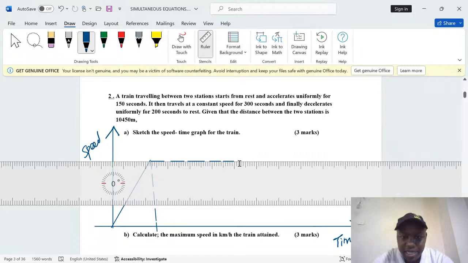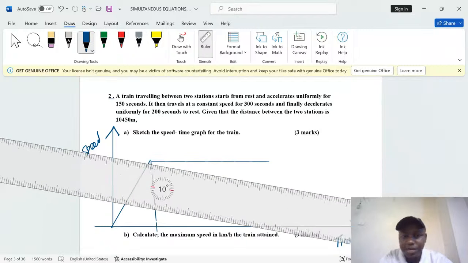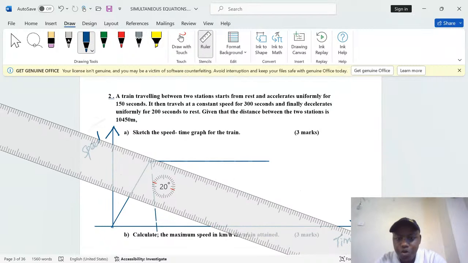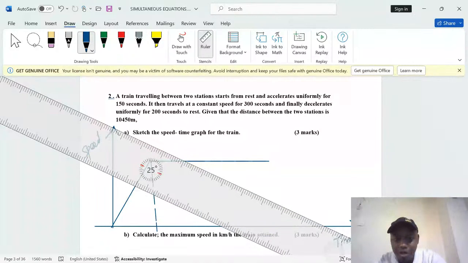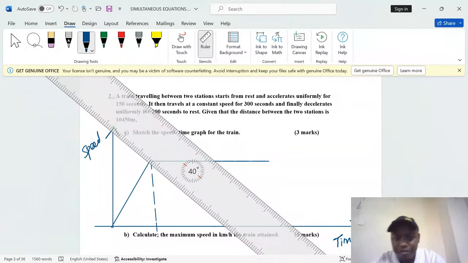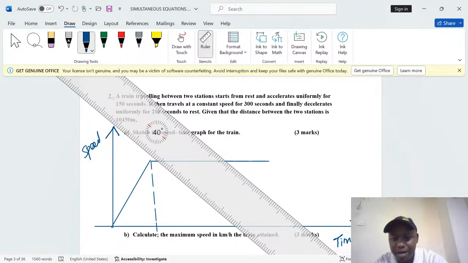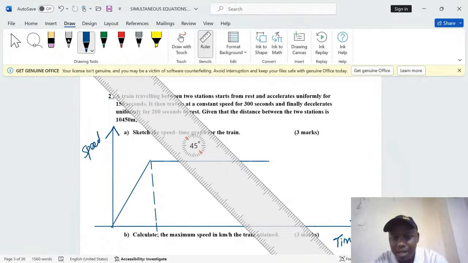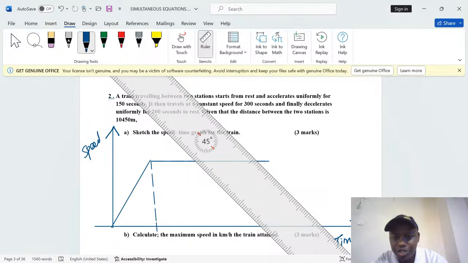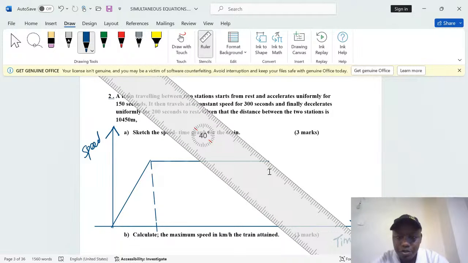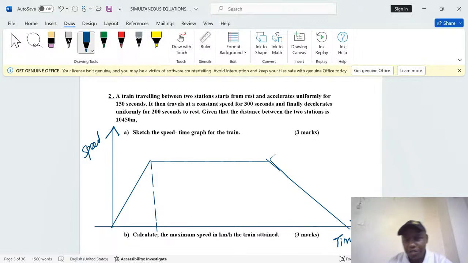After 300 seconds, the body is going to decelerate uniformly to 0 within 200. Therefore, now we need to drop this one to 0. This is a good sketch.